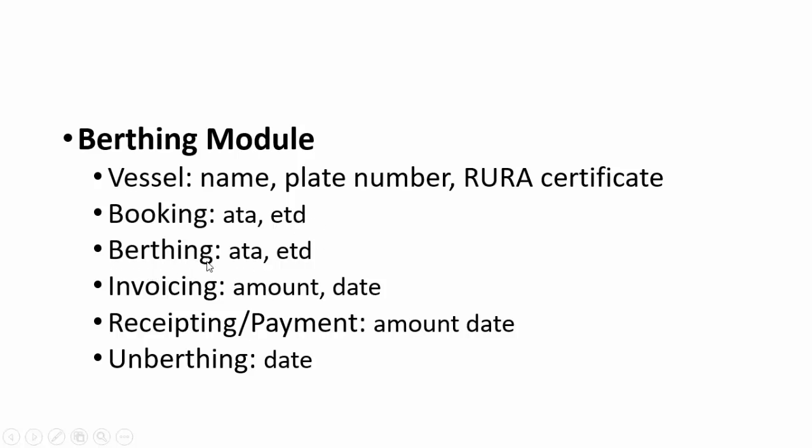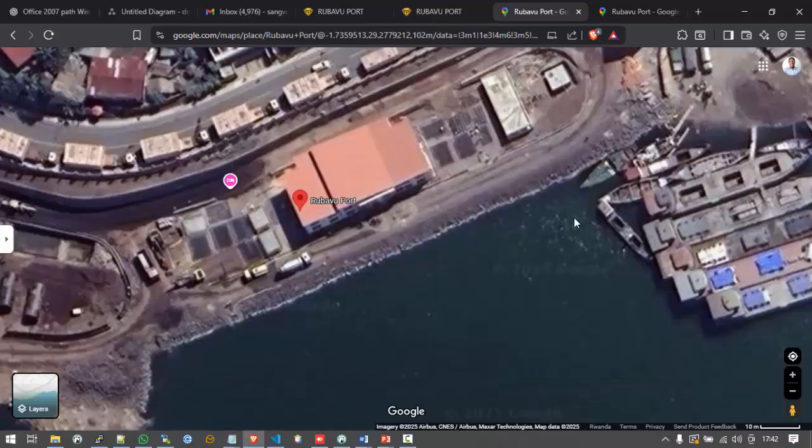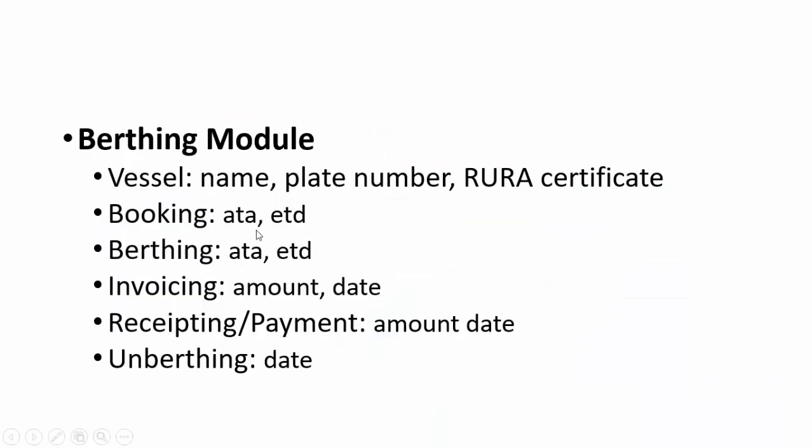The berthing module is when the vessel physically comes to the port. Now the port operator has to confirm that the vessel has come and that the information registered in the booking is almost the same as what is registered in the berthing. They also confirm the ATA, the actual time of arrival, or the estimated time of departure.